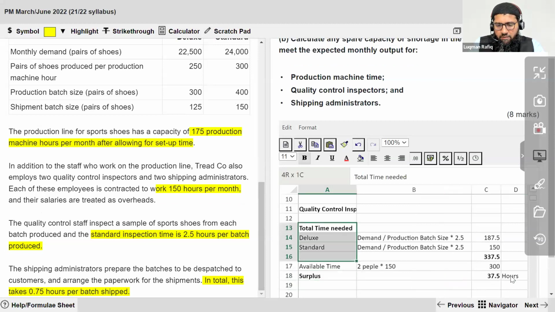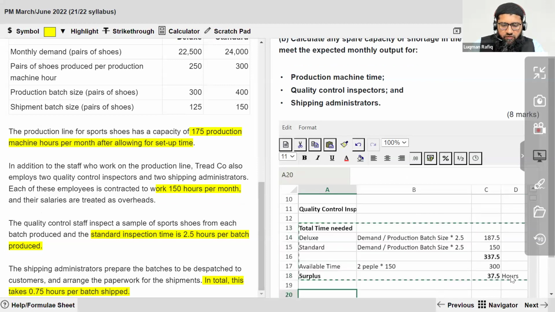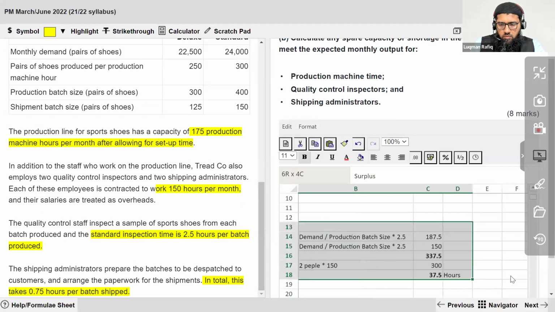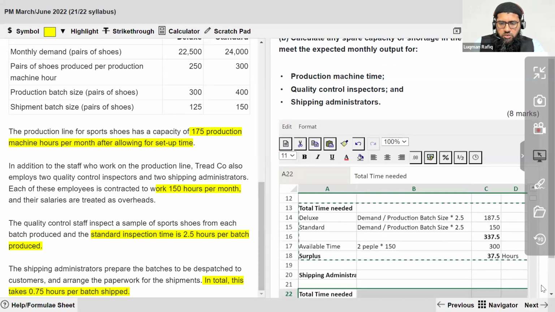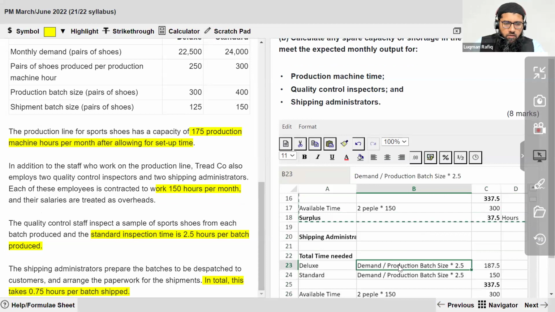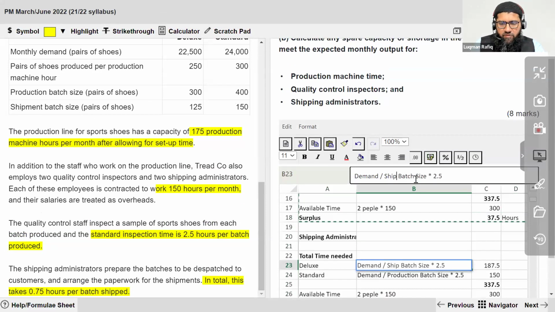Now similarly, what I would do is that I would copy this for the next area also, which is shipping administrators. Shipping administrators. Shipment batch size into 0.75.